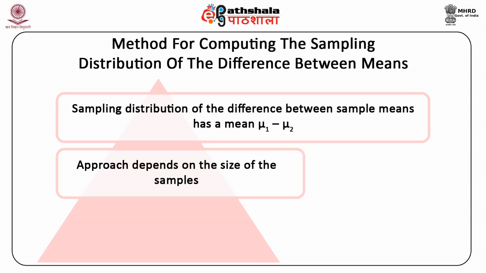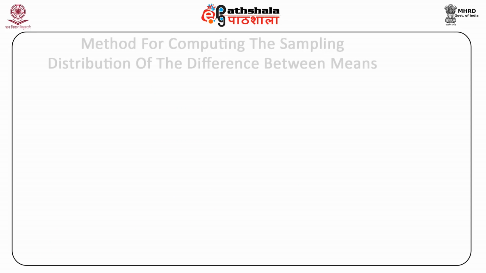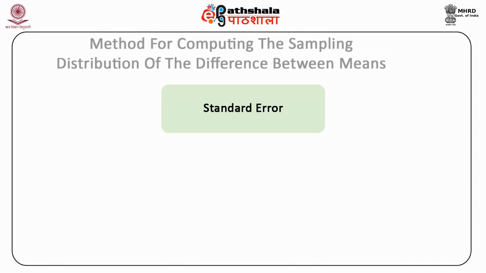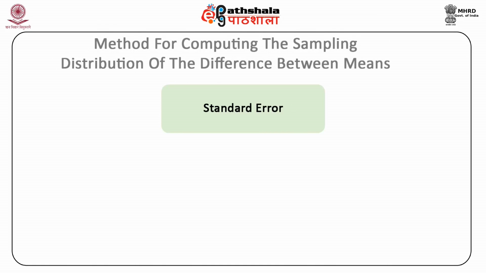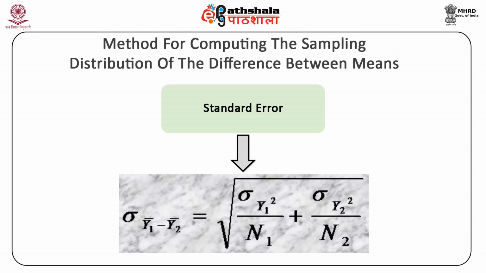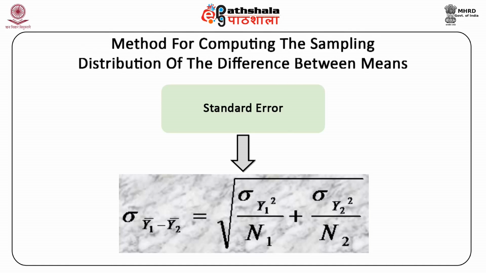The standard deviation, or the standard error, is given as follows: sigma of y1 bar minus y2 bar is equal to the square root of sigma y1 squared upon n1 plus sigma y2 squared upon n2.